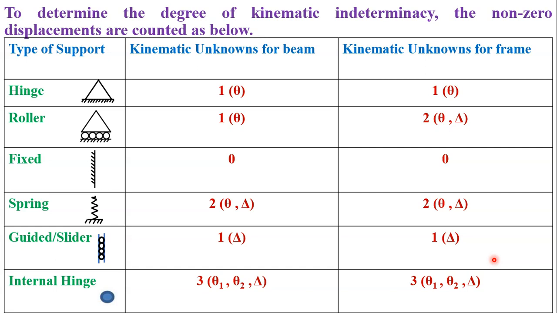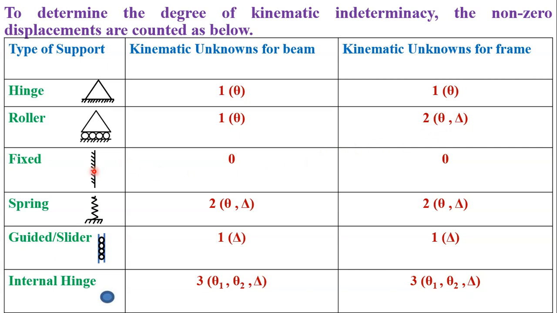Now let us refresh the types of supports and the degrees of freedom offered by each support. We know a hinge support, if provided for a beam, offers a single degree of freedom, that is one rotation. In case of a frame also, it offers a single degree of freedom, one rotation. When a roller is used for a beam, it offers a single degree of freedom, that is rotation, and in case of a frame it offers 2 degrees of freedom, one rotation and one translation.